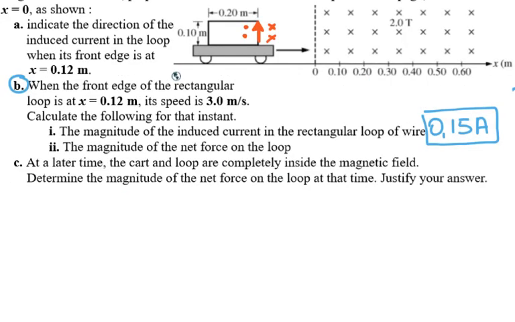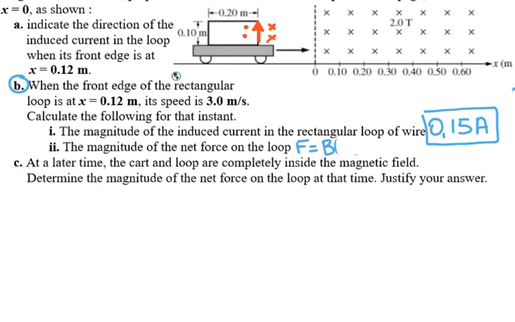And for the second part, they ask you to find the force acting on the loop. So the magnetic field force is equal to BLI sine of 90 degrees, because the loop is perpendicular to the magnetic field. So I have B is 2, and instead of L, it's the height, because it's not the horizontal lines, it's the vertical line that is interacting with the magnetic field.